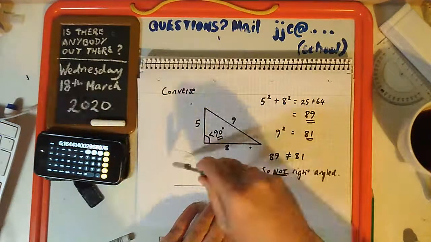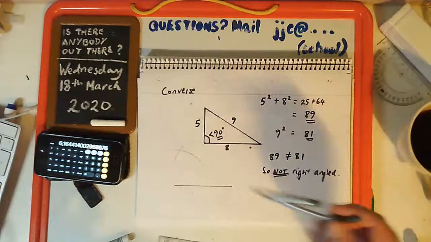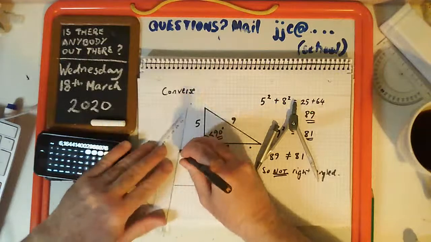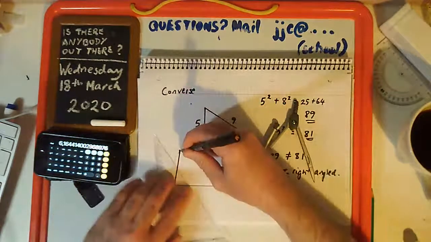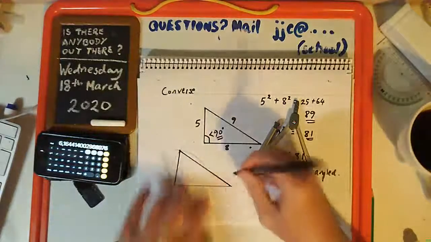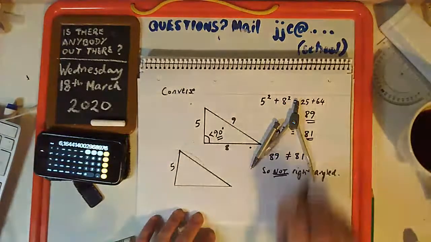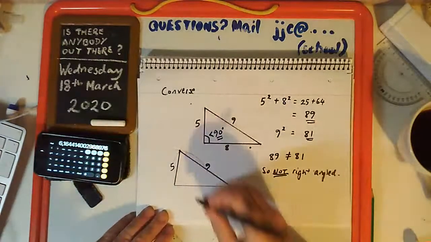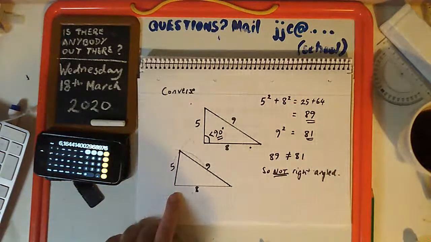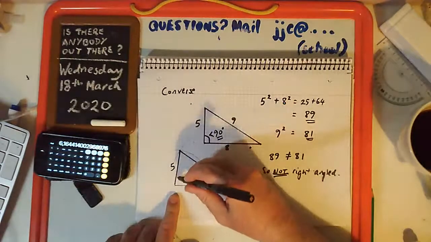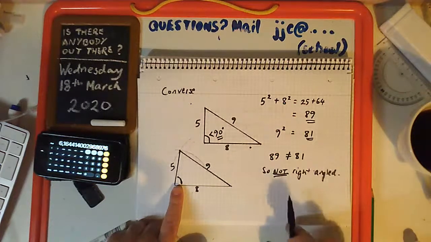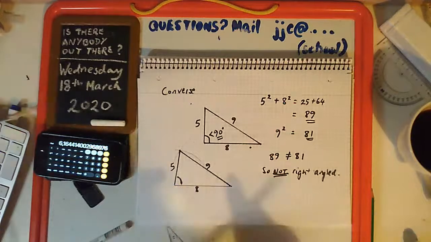So if I draw an arc 9 centimeters from there, where those two arcs meet gives me something that's 5 centimeters from the one end and 9 centimeters from the other end and 8 at the bottom. And then hopefully you can see that indeed, as I predicted, when I constructed that accurately, the angle down there was not right angled, but in fact it was less than 90 degrees.